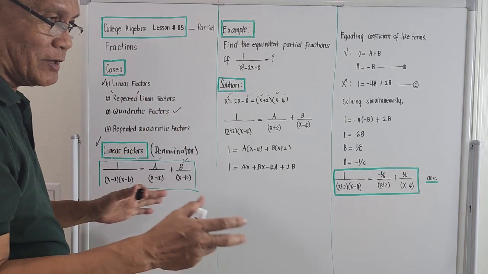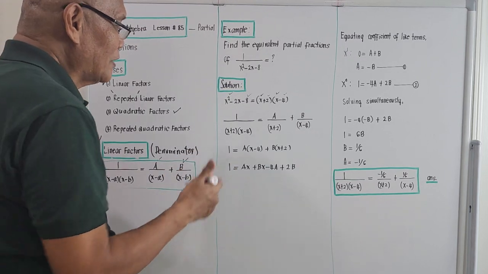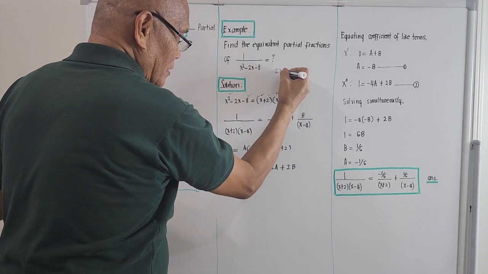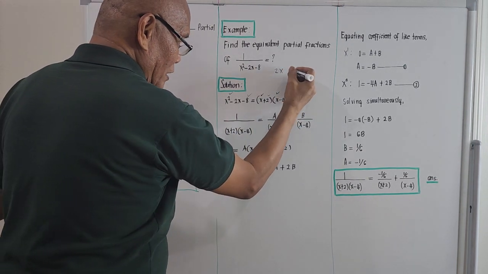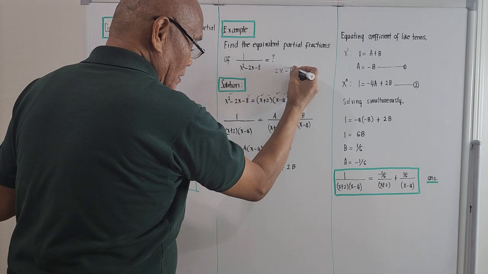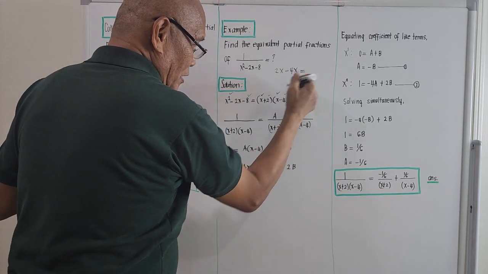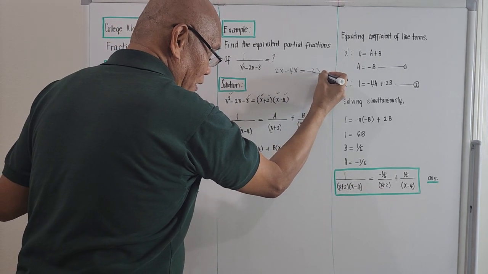The only problem now is to check the value of the middle term. 2 times x is 2x, and x times negative 4 is negative 4x. These are similar terms, so 2 minus 4 will be minus 2, x.